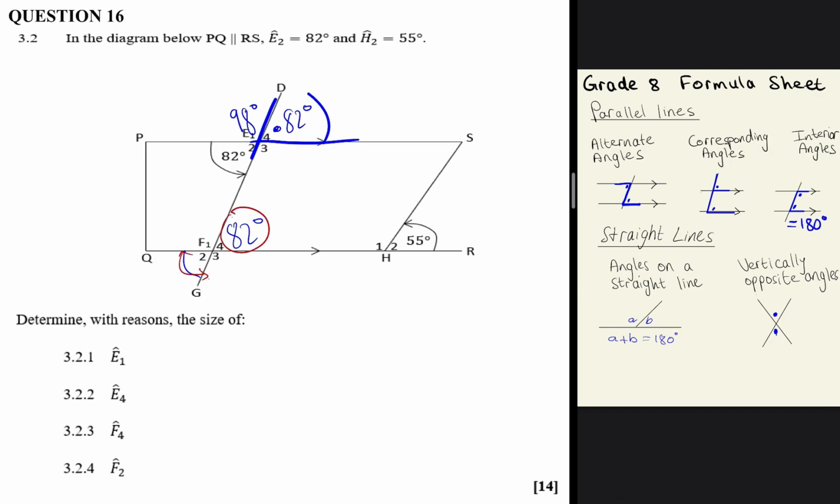And immediately you can write F2 is equal to 82 degrees, and the reason is also vertically opposite angles. And there you have all the marks for this one.